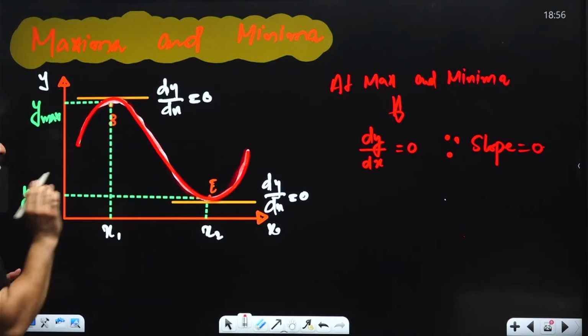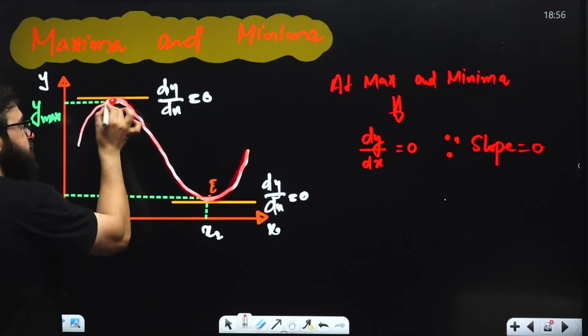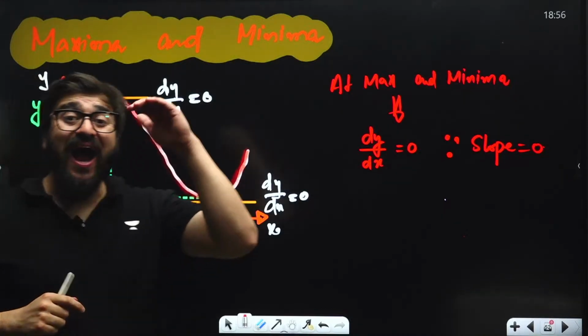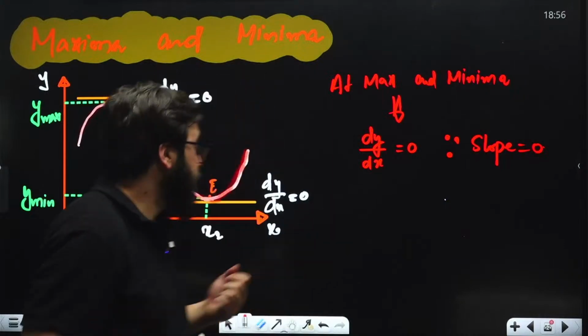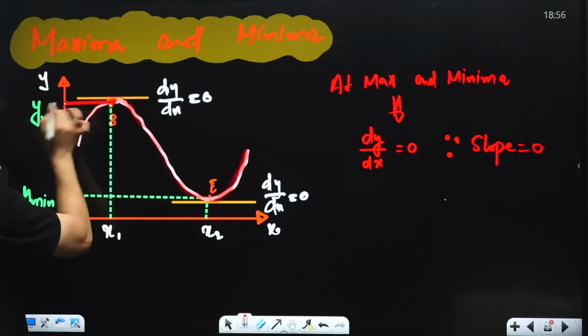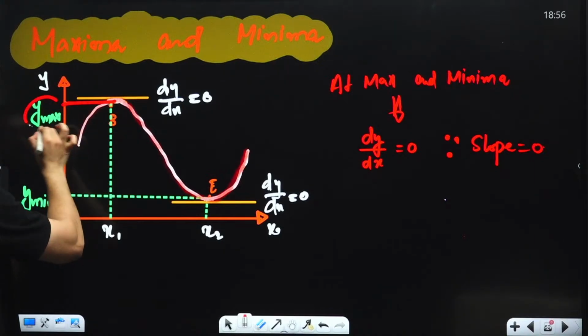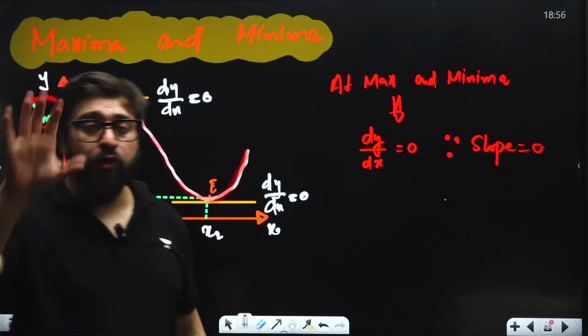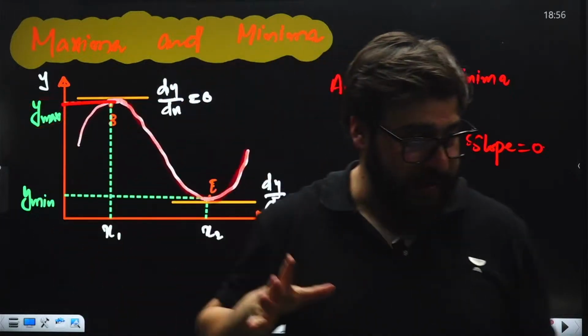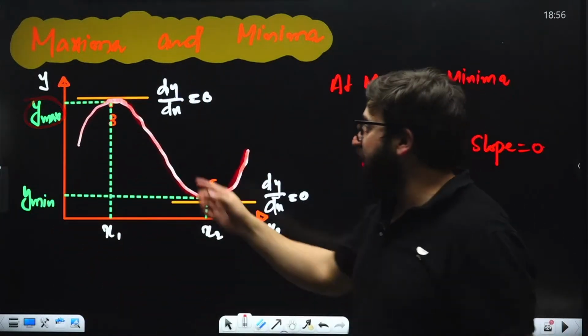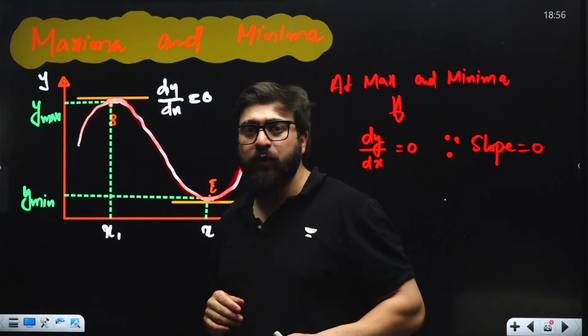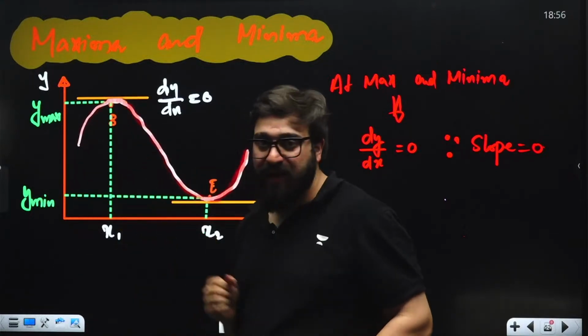Now, can I say in this particular case, this point is the highest point of the graph? So here the value of y will be maximum at this point. Why? Because this is the highest point in the entire graph.